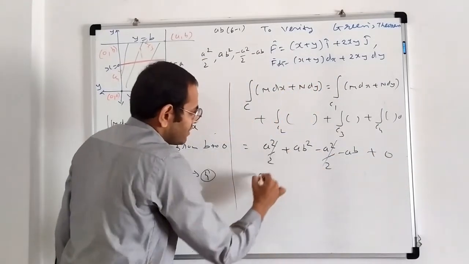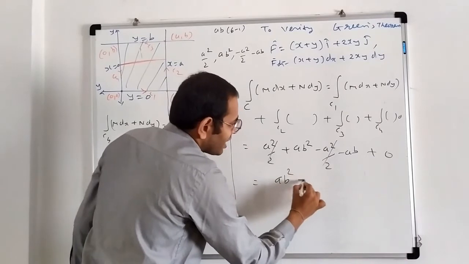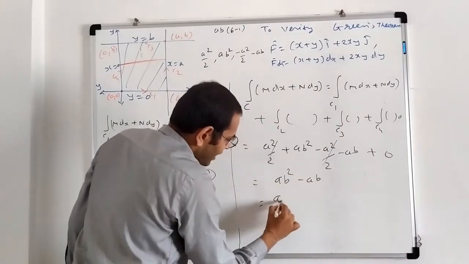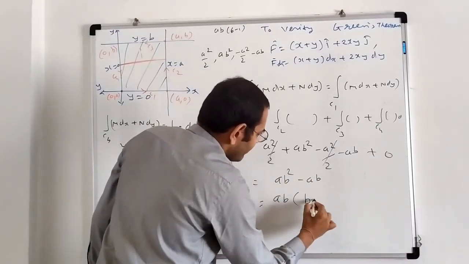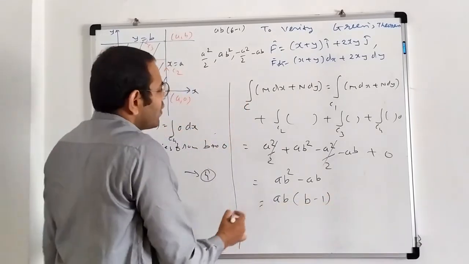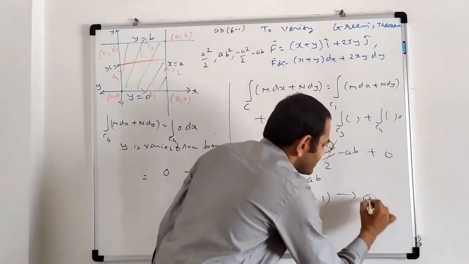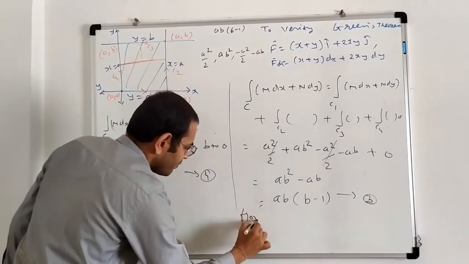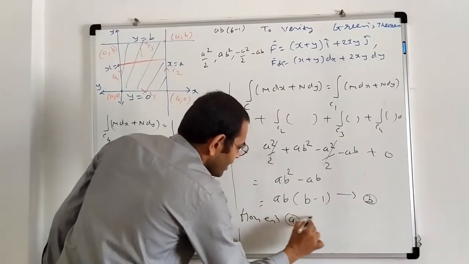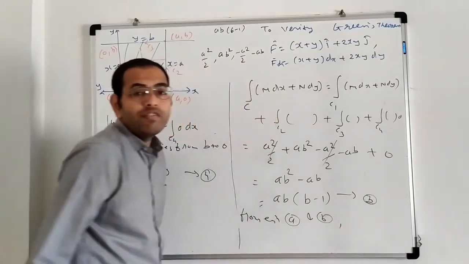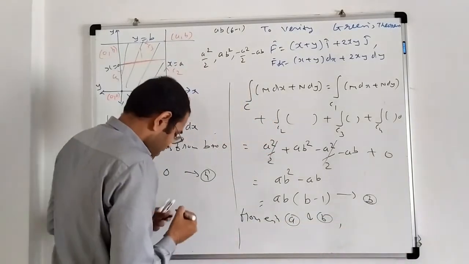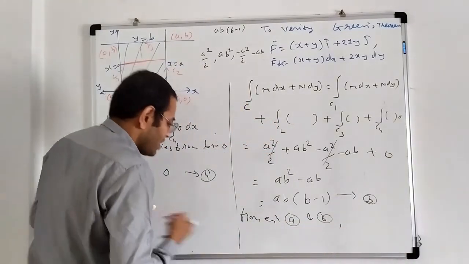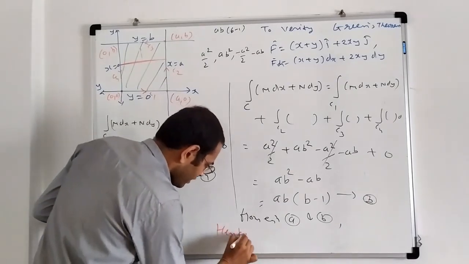Then the first and third terms cancel out. We get ab square minus ab. Then ab is common, so we get ab times (b minus 1). That is the same as our equation b. Then from equations a and b, we can say that Green's theorem is verified.